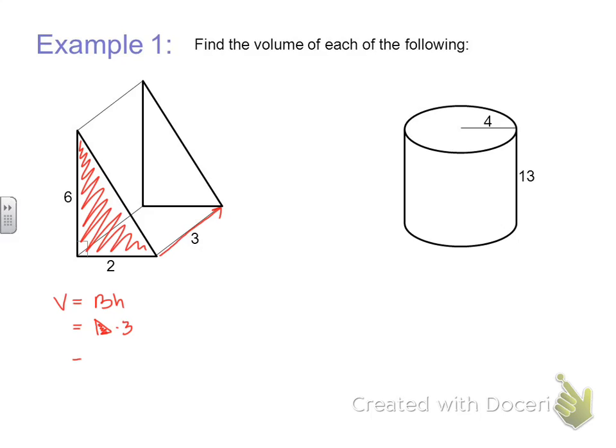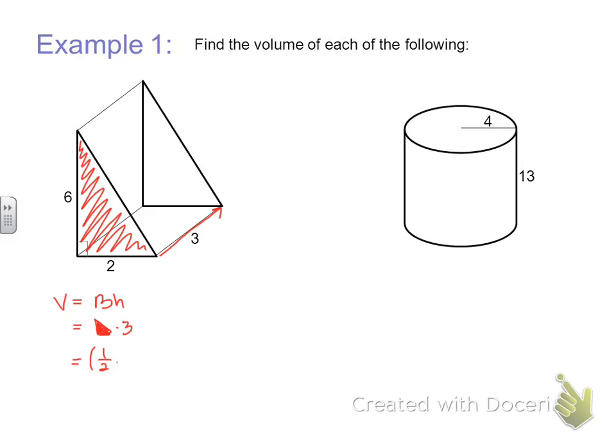How do I find the area of that triangle? 1/2 base times height. Good. So you're going to do 1/2 times the base of the triangle, which is, just saying that it's a triangular shape, times 3. And now I'm finding the area of that triangle.